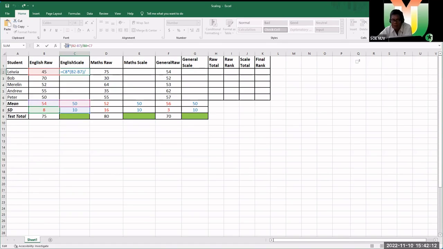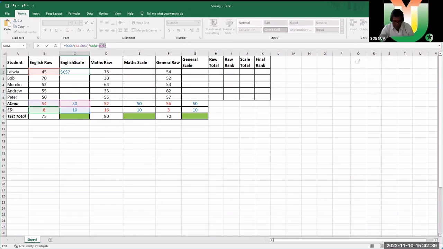So we highlight C8, which is 10, and we press F4. Then the other one is P7. We highlight P7 and press F4 again. I think the last two also: F4 for that one, and the last one, C7.